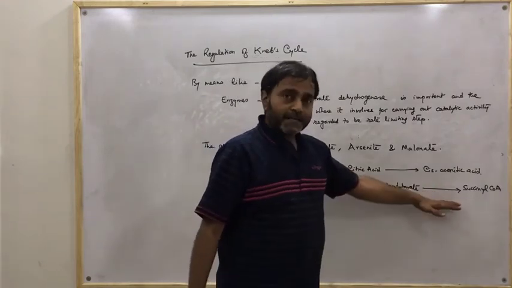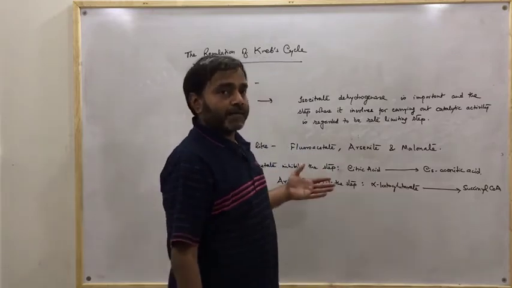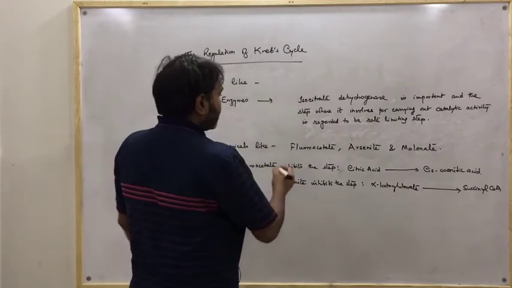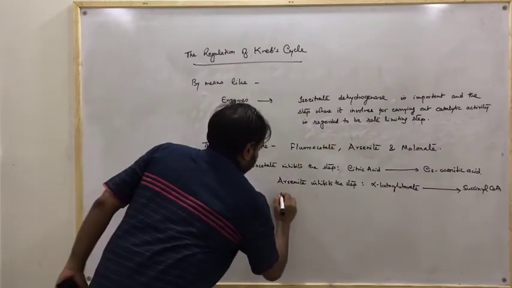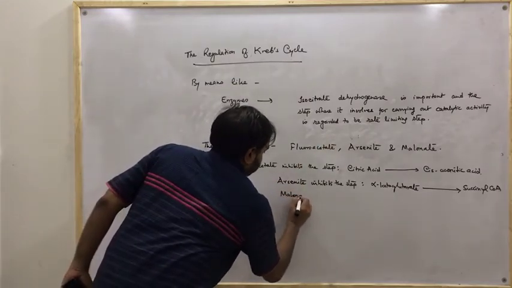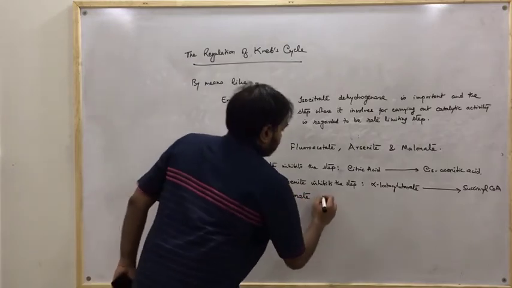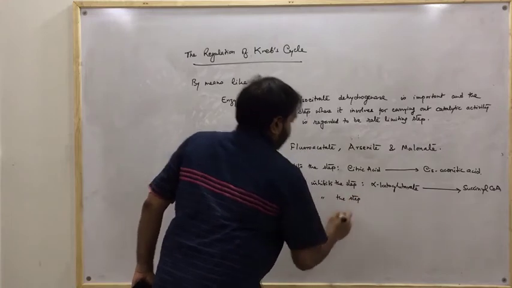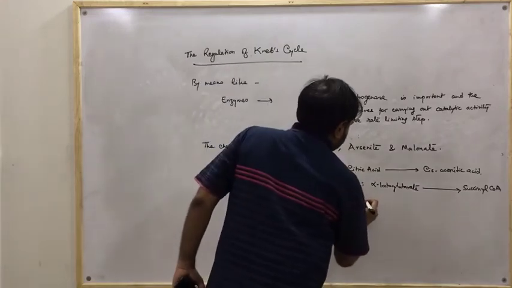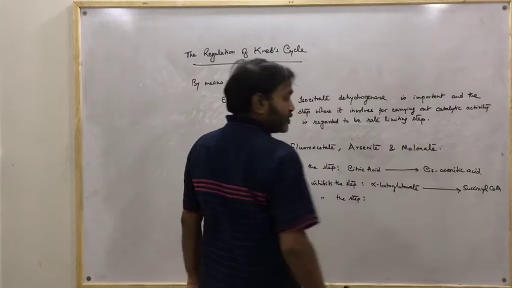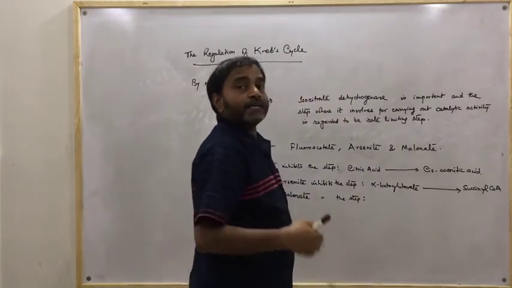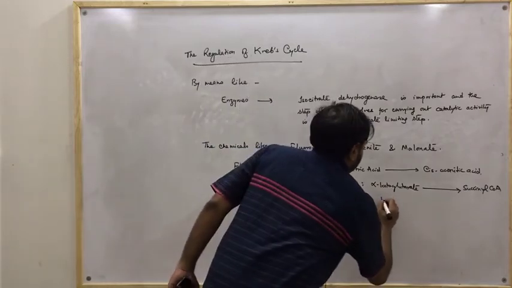So we can represent it so that we may remember it by the reaction step. And what other chemical is there? The third one is malonate. It may inhibit the step in which formation of malic acid takes place from fumaric acid.